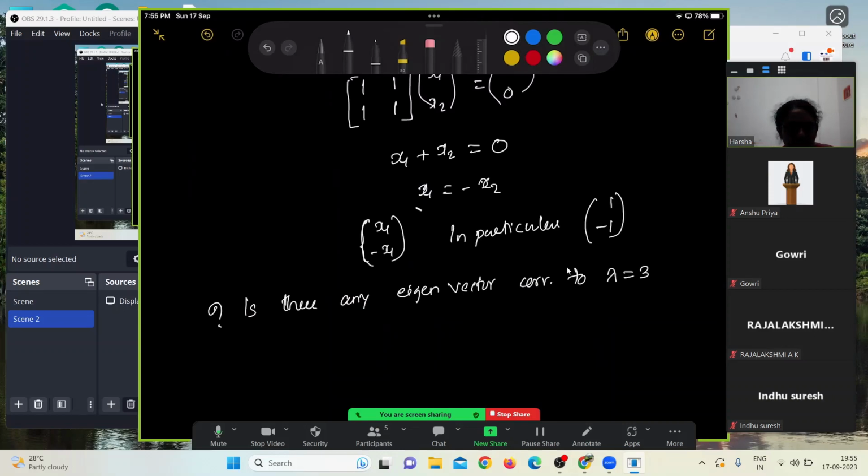For lambda equal to 3, we have found one eigenvector, 1 minus 1. So is there any linearly independent eigenvector corresponding to lambda equal to 3? Any answer?